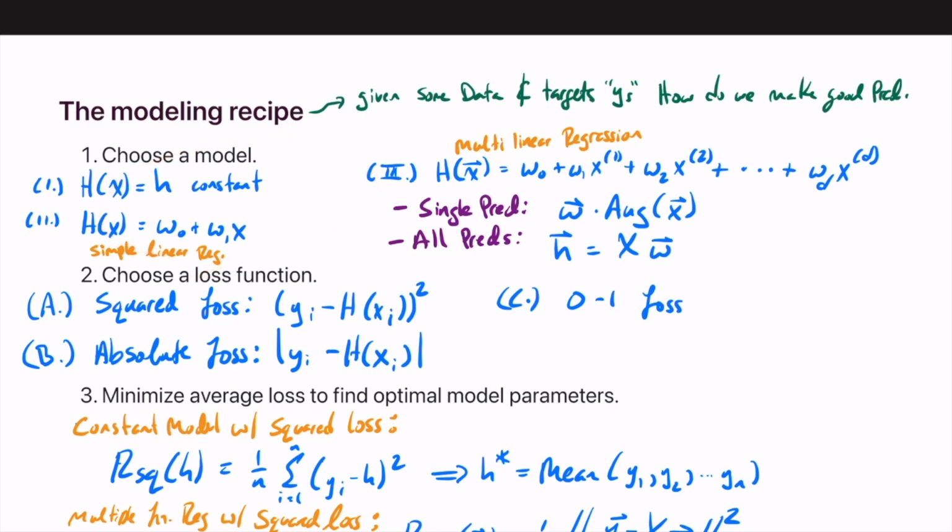Whether you're doing support vector machines, or mixture models, or stuff that involves neural networks, these things can definitely get much more complex. But by and large, this is a good theoretical foundation for those other complicated things.